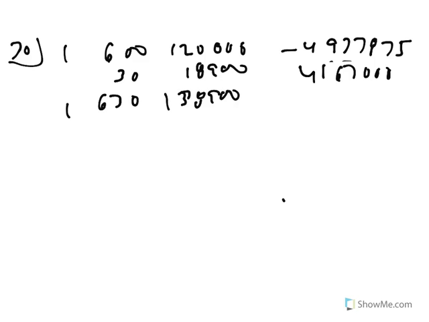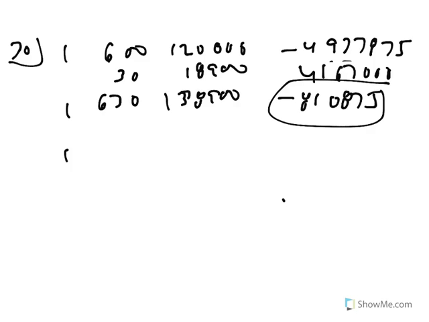And when you combine that with negative 4,977,875, we get negative 810,875. We circle that.